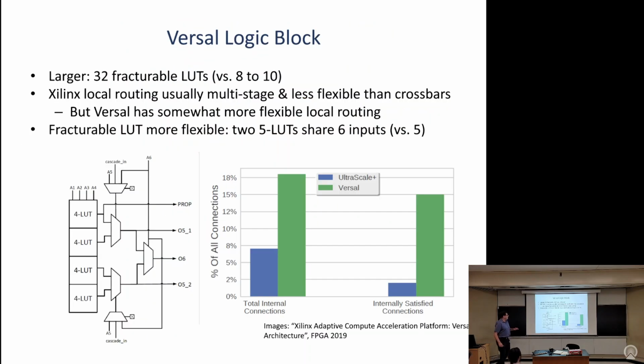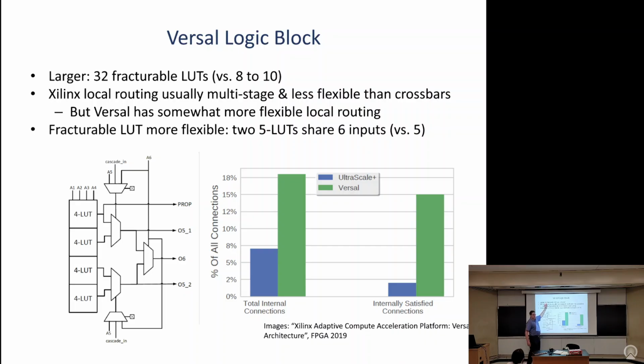Okay, and then the other thing that Versal did, and we'll read some Versal papers later too, but on the logic block side, they've gone to a bigger logic block. Until Versal, their logic block was basically 8 of these fracturable 6-LUTs, so it was a little bit smaller than Altera's logic block. And in Versal, they said, we're not getting enough signals captured by our local routing, so we're going to make the logic block bigger.